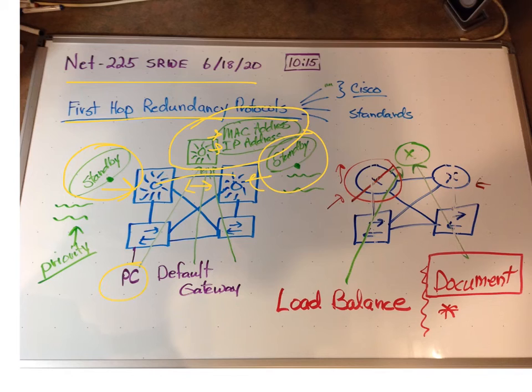All of your devices, you have a gateway and so forth, they all point to the virtual. Okay, so the virtual stays the same, and then these two devices talk to each other.